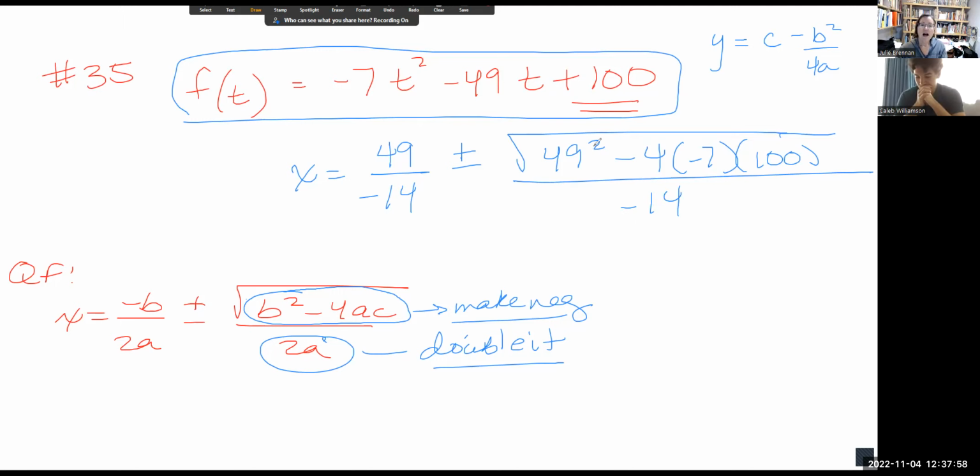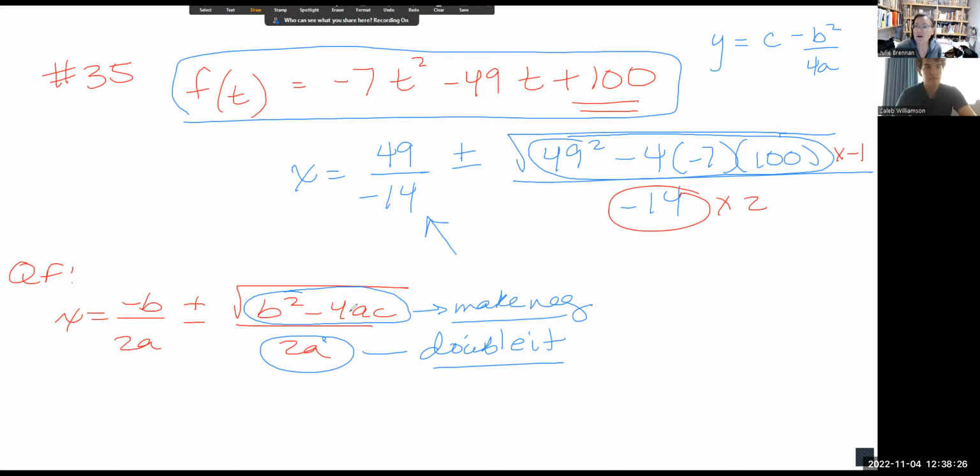Notice I could take this with my calculator. What's under the root would give me my roots, but it also gives me the vertex, because this would be the x coordinate of the vertex. If I took what's under the root, made it negative, and took this and doubled it, I have the y coordinate, okay? So just little tips and tricks.